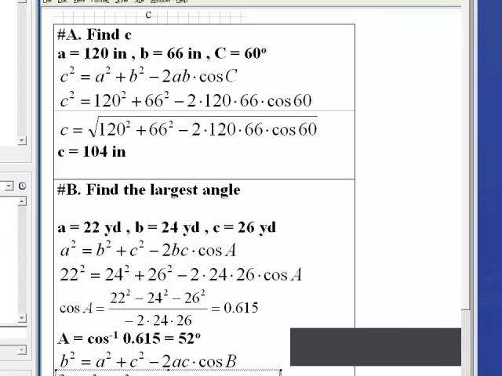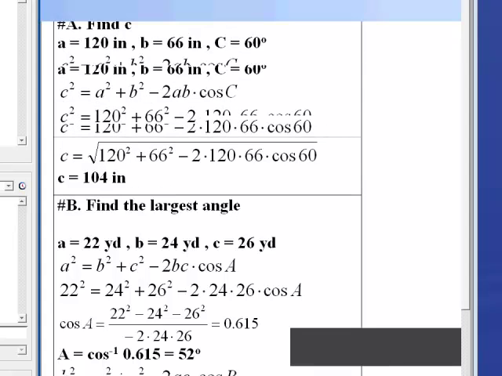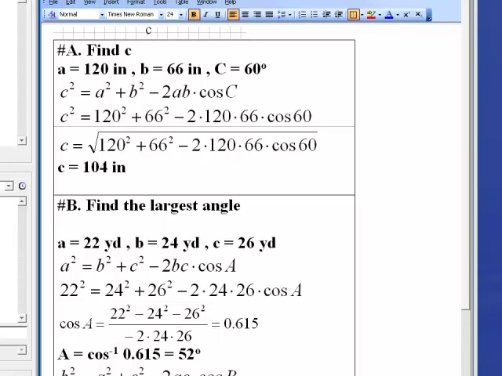So that one is going to be 24 squared equals 22 squared plus 26 squared minus 2 times 22 times 26 times cosine B. Yep, that's correct. Okay, and then doing the algebra.